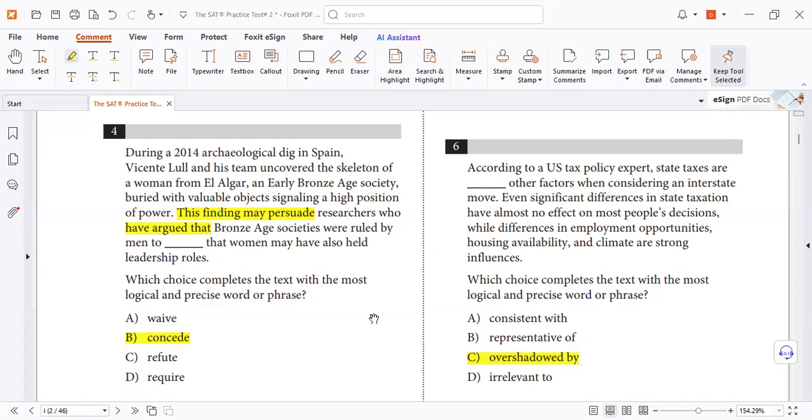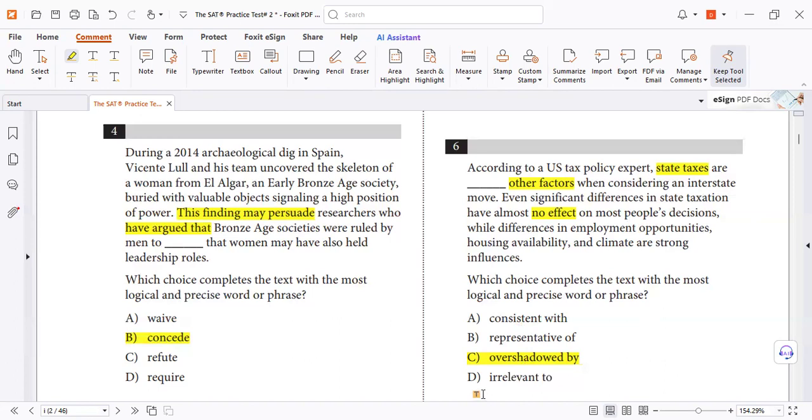Means to be something just like not important because you put a shadow on it. If you put a dark shadow on something, that means you make it dark, you make it hidden, secret, not important. So state taxes are overshadowed by other factors when considering an interstate move. Look, significant differences in state taxation have no effect. That means it's less important. So how consistent? Opposite, but it's important.